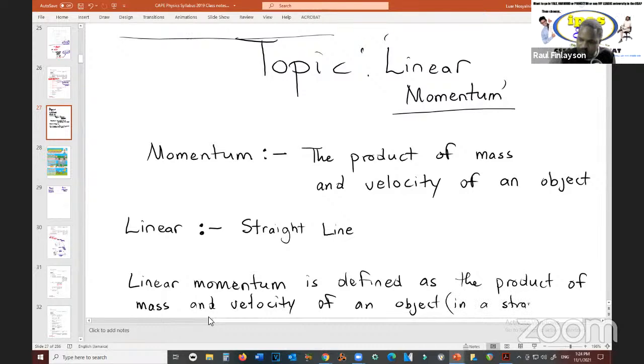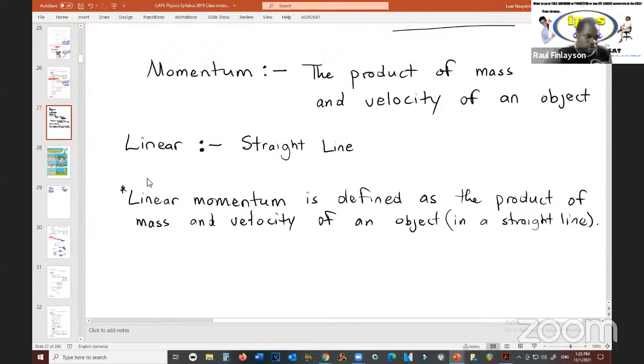So that's our definition for momentum. Again, I shouldn't even be teaching this. This is a CXC thing, but this is showing me that you guys, I don't know what happened in the exam. Some of them say you pass, but let's see how that goes. Linear momentum is defined as the product of mass and velocity of an object in a straight line.